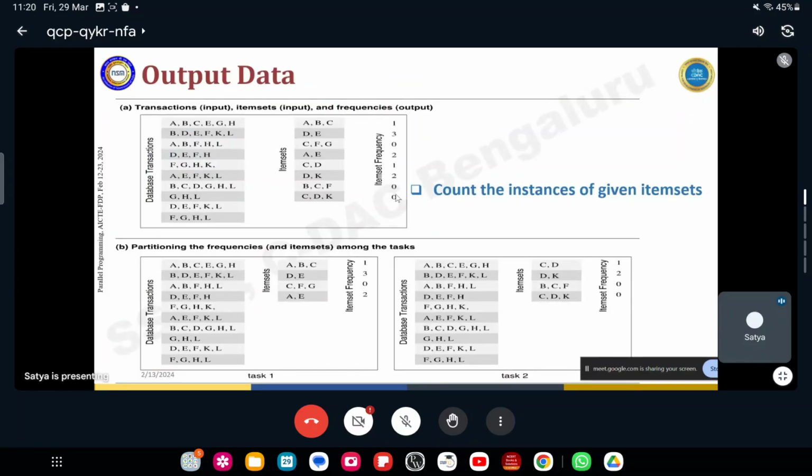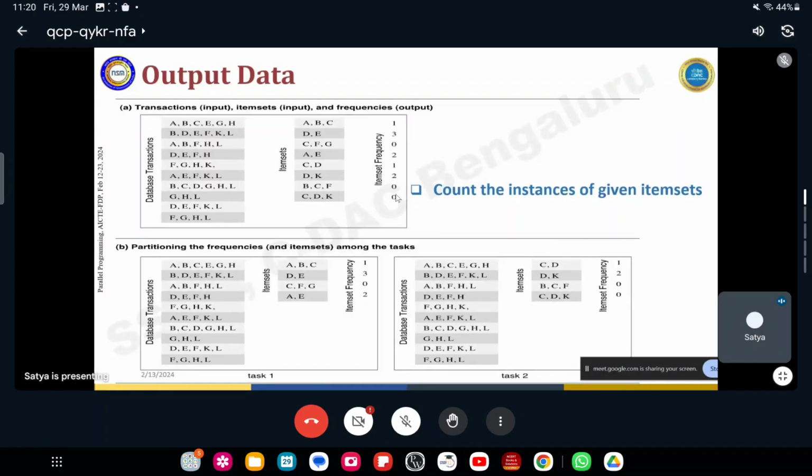This is mainly used for market basket analysis. These are called the items, and these are the database transactions. What are the most frequently bought items? Imagine, seeing the first diagram, we have a list of transactions, 1, 2, 3, 4, 5, 6, 7, 8, 9, 10 transactions.